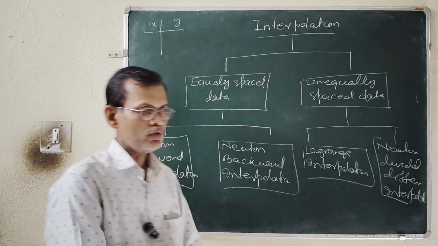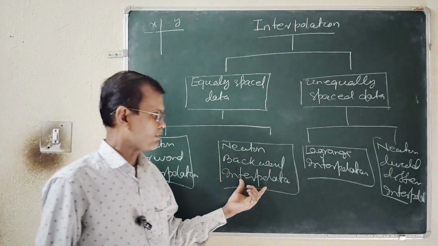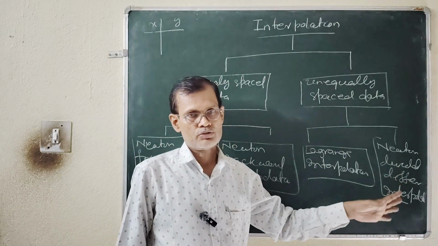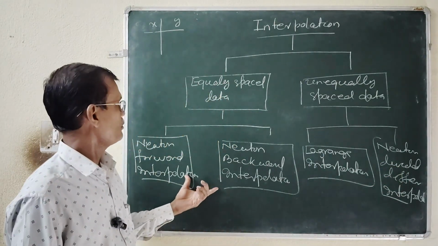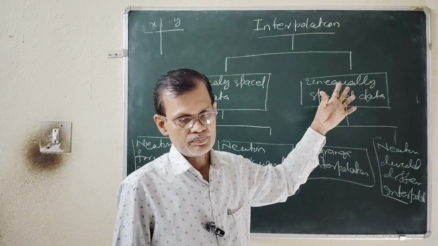Okay, so we will come across these four types of problems: Newton's forward interpolation, Newton's backward interpolation, Lagrange interpolation, and Newton's divided difference interpolation. These two come under equally spaced data, and these two come under unequally spaced data.